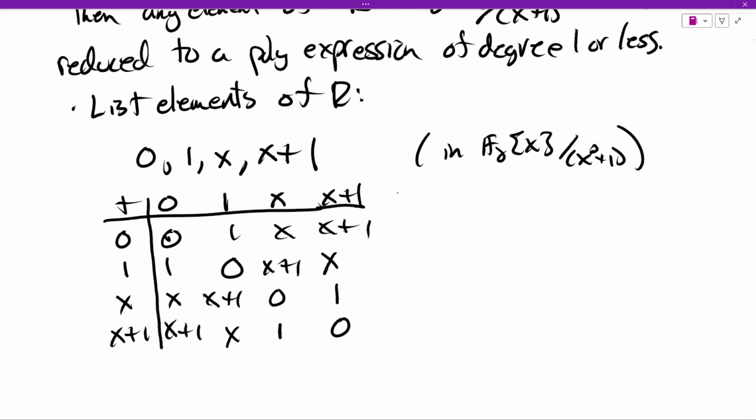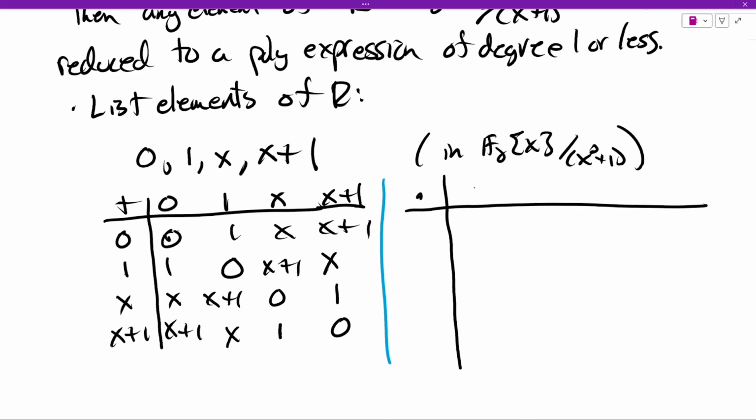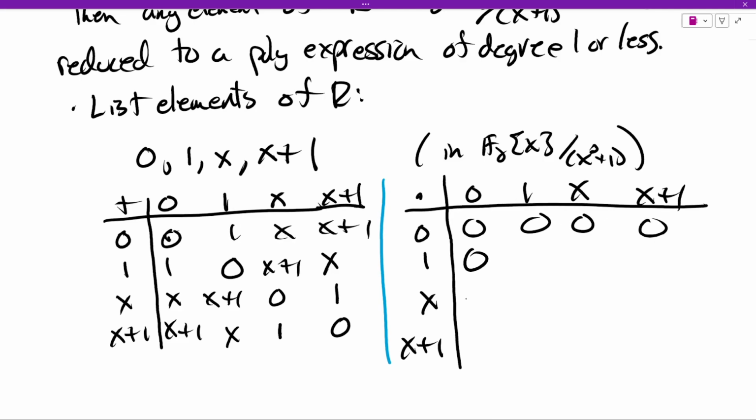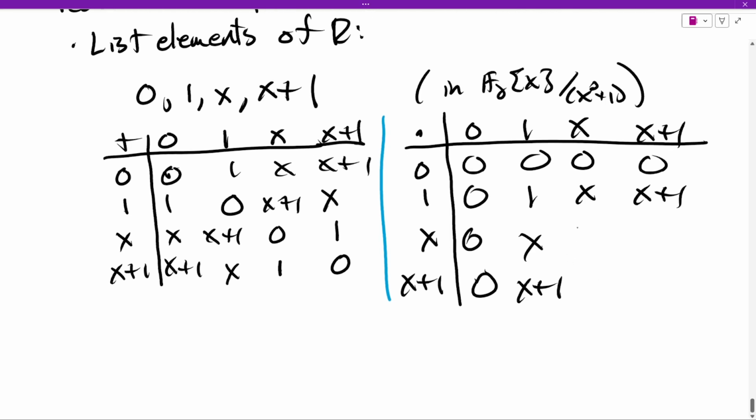Now let's work on our multiplication table. Let me put a divider here. And this is where we're going to have to do a little bit more thinking, because really this is just the regular addition on the left. But now with multiplication, we're going to see some interesting stuff happens. So 0 is still the great annihilator. It annihilates everything. And 1 is still the multiplicative identity, so it leaves everything alone. Now we have to fill out this remaining square.